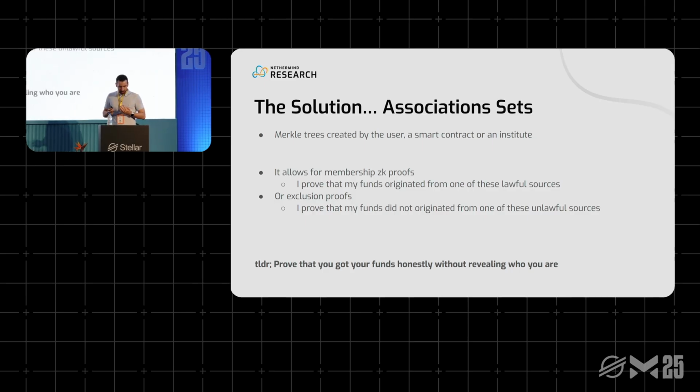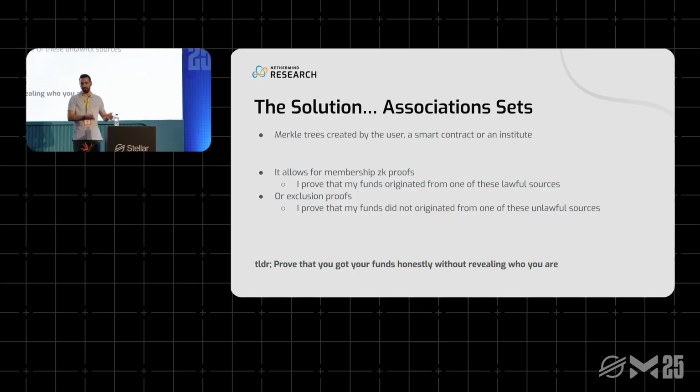Basically, association sets allow users to de-anonymize themselves, but also to prove that their funds came from lawful sources, or to provide an exclusion proof that their funds didn't come from a list of unlawful addresses. And these association sets can be pretty much anything.